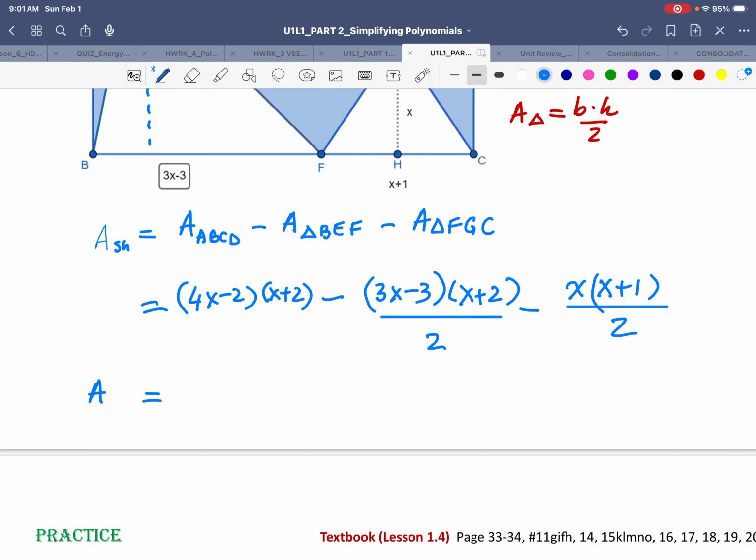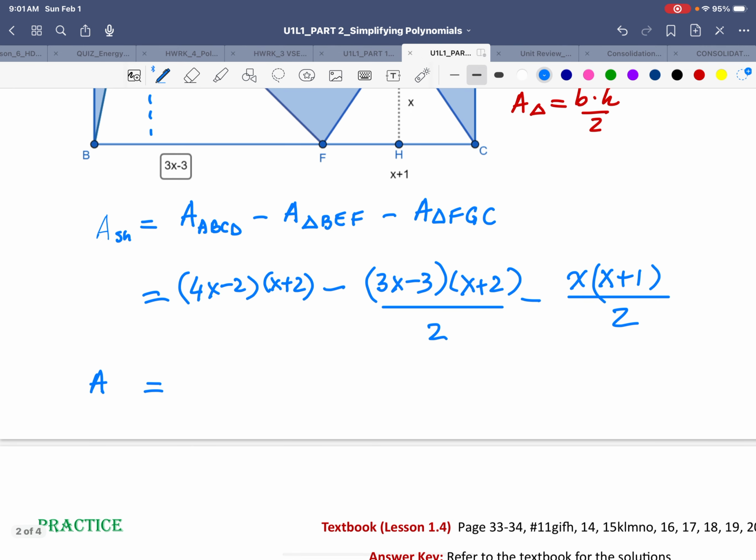And here we go. We have 4x minus 2 times x plus 2. Very quickly, 4x squared, and then plus 8x, plus 8x minus 2x, 6x, negative 2 times 2, minus 4, and then minus. So we're going to expand the numerator first.